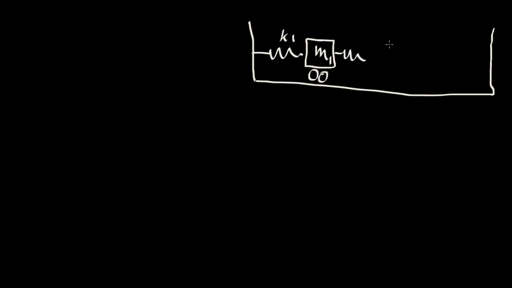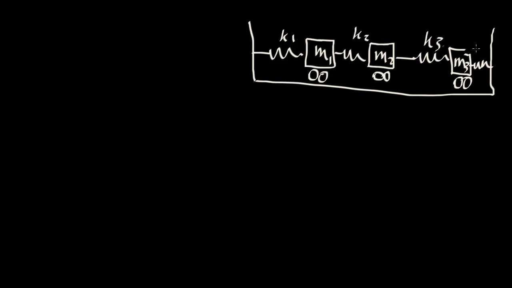This mass is attached to another mass, M2. And then this mass is attached to another mass, let's say M3. And here we have another spring. So this is K1, K2, K3, K4.